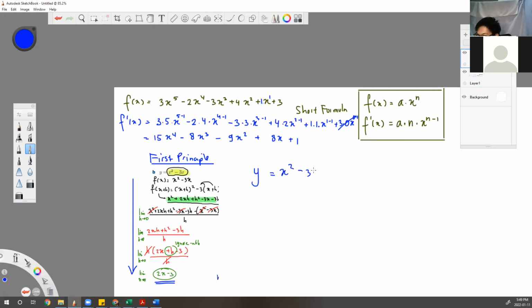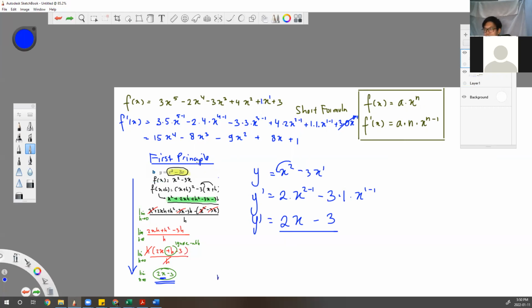When we have the shortcut, it will be like this. x squared minus 3x. See, y prime, or the gradient, you put the 2 below. Okay, we have 1, but you can ignore the 1 anyway. 2 below, and then 2 minus 1, see, 2x. And then minus 3, power 1, right? Put 1 below, and then x to the power 1 minus 1, as always minus 1. So how short it is if you memorize the formula? 2x minus 3. x to the power 0 is 1. See? 2 steps. How about this one? We have to list down everything.